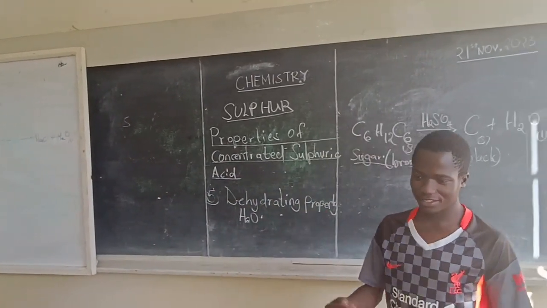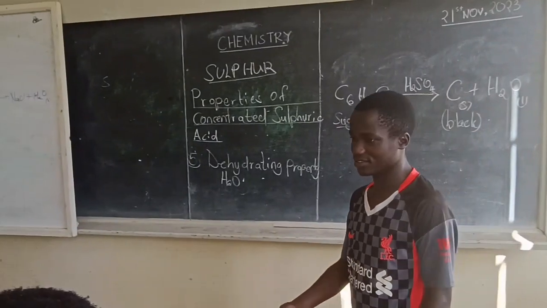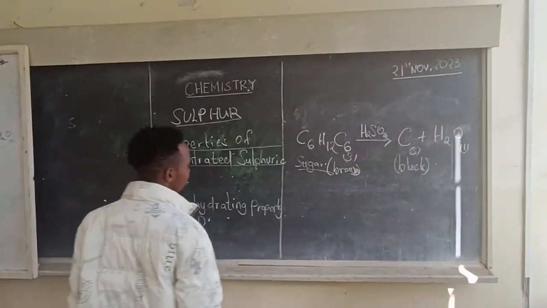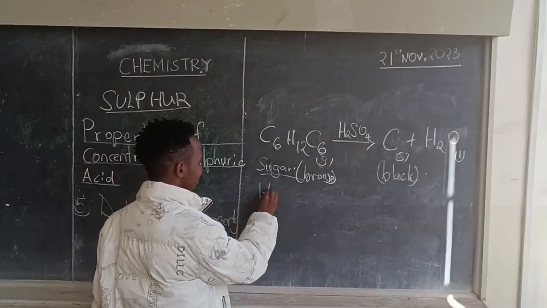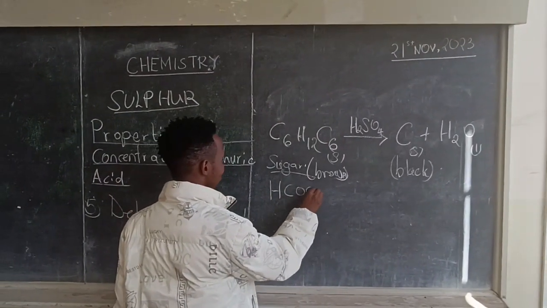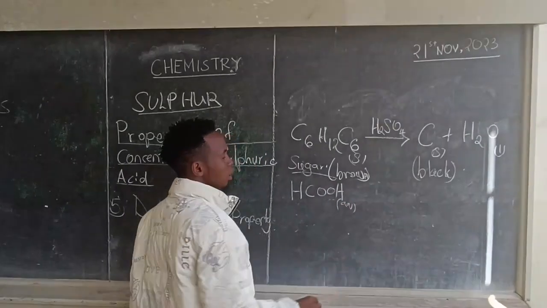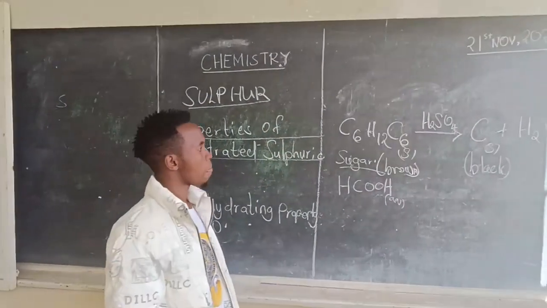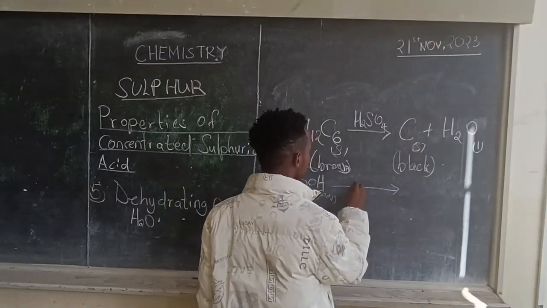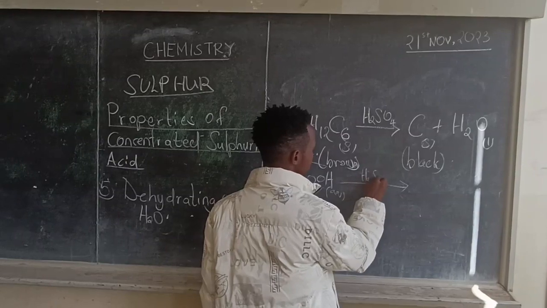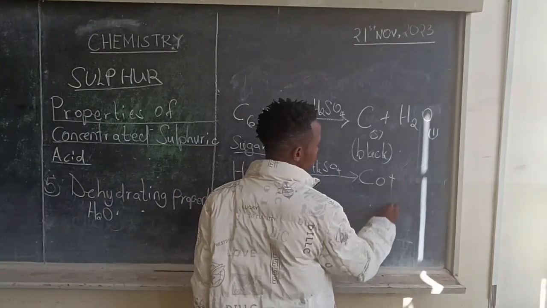Let's get another example from you. Yes, Kevin. When you have an organic acid and you subject it to sulfuric acid, you get carbon monoxide and water.